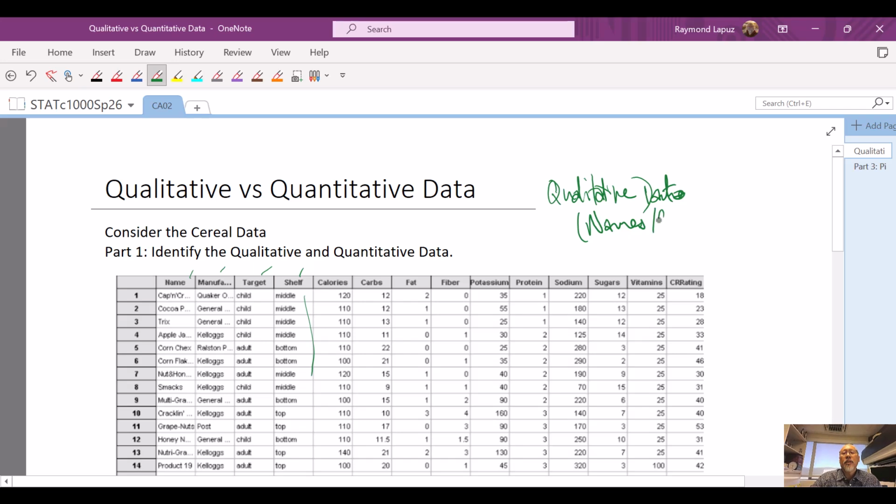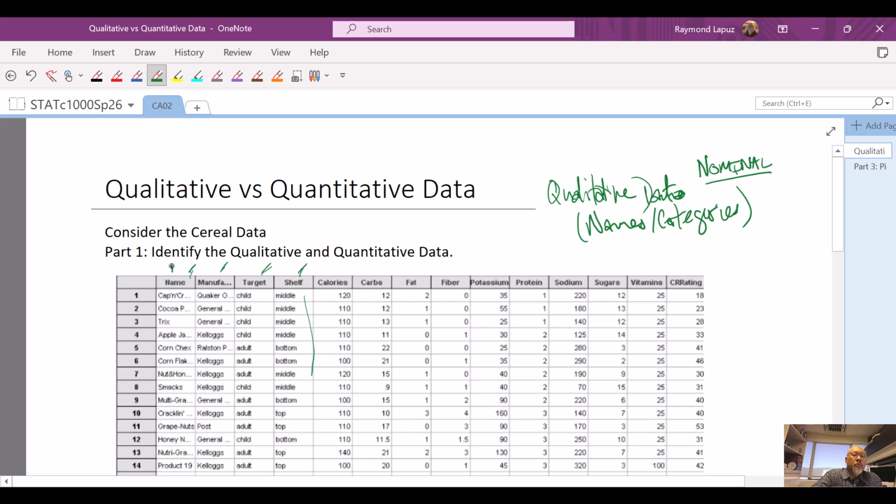This is sometimes also called nominal. It's a nominal level of data, which is describing names. And yeah, so the name, manufacturer, target, and shelf.